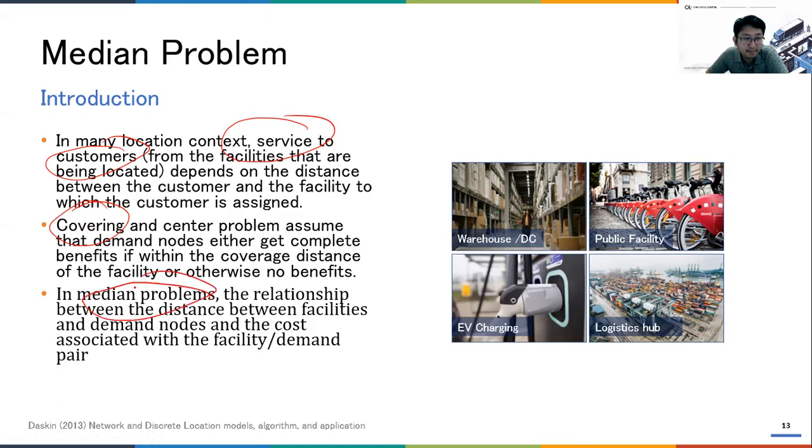But the median problem is more about how you locate or allocate the facility, considering the cost associated with opening or closing those facilities.